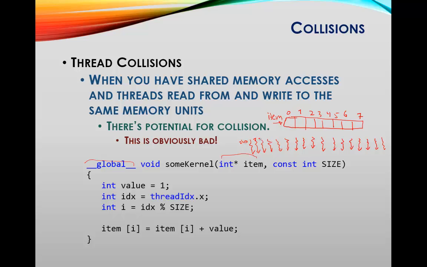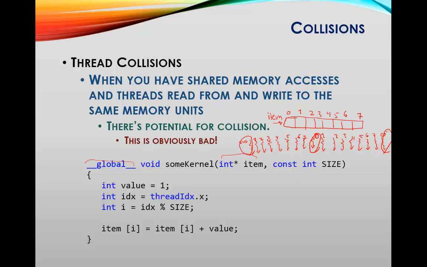Thread number 1, 2, 3, 4, 5, 6, 7, 8. Thread number 8, its modulus is going to be 0. 1, 2, 3, 4, 5, 6, 7, 0, 1, 2, 3, and so on and so forth. So thread number 0, thread number 8, and thread number 16, they all will have modulus 0.